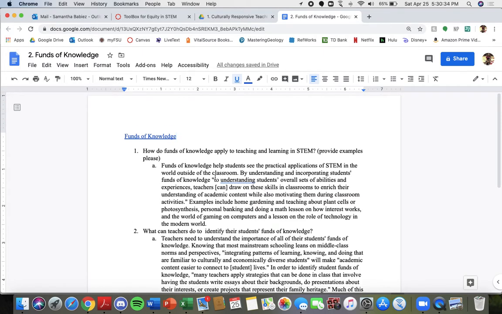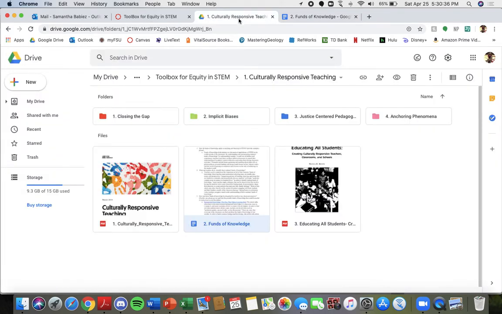And so I kept that outside of one of these 4 folders because I feel like it really just encompasses a lot of it. It could have gone into anchoring phenomena, but I just wanted to keep it outside.